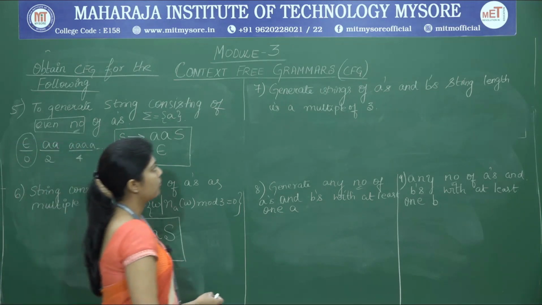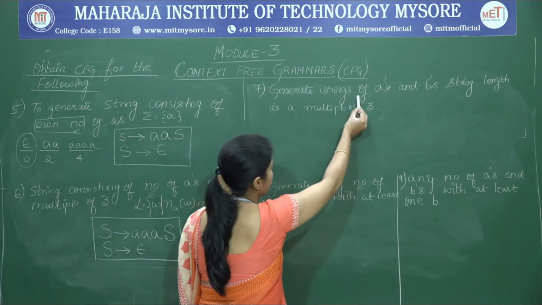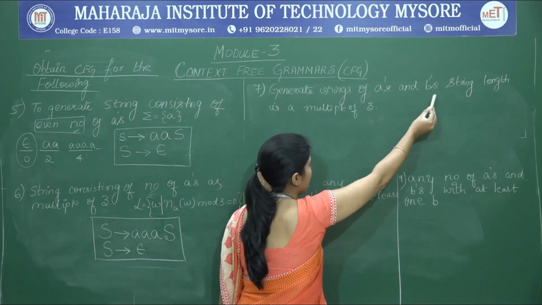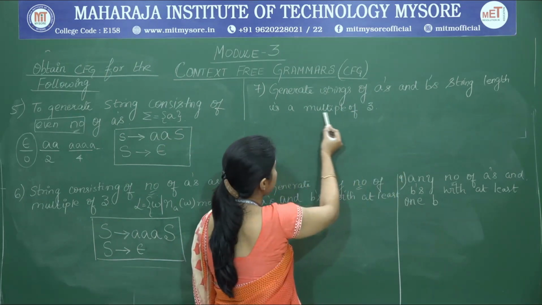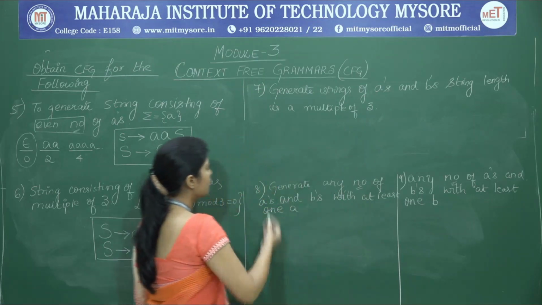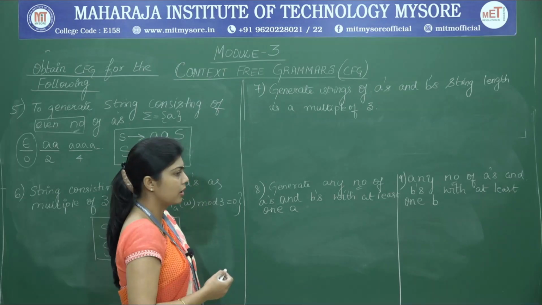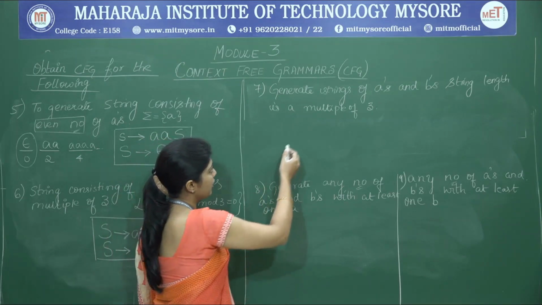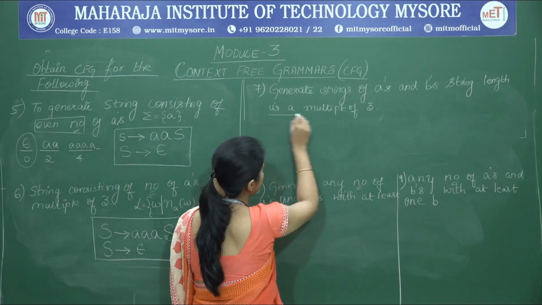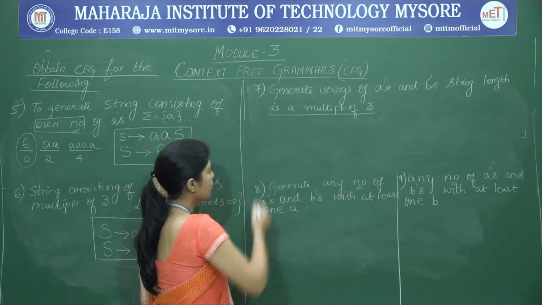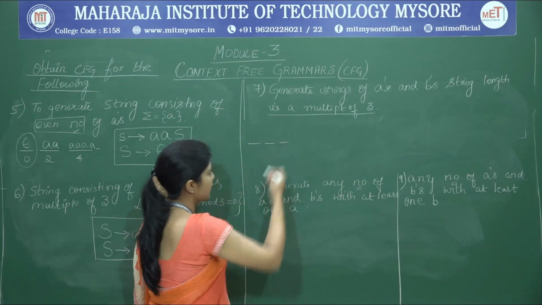We look at the next problem: generate strings of A's and B's where the string length is a multiple of 3. Here there is no mention of what the symbol should be or its placement, they have only given that the length of the string is a multiple of 3. So I have to take up 3 places.